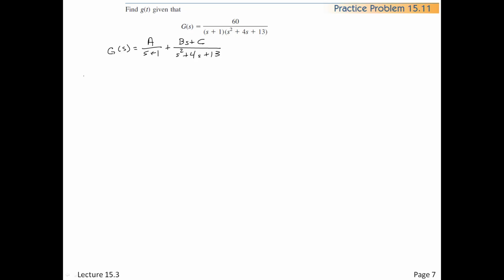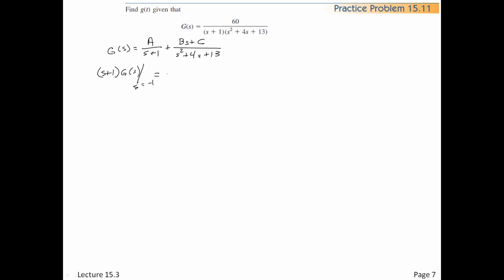First of all, let's get the A. This will only help us get (s plus 1) times G. As I hope you've seen, even if there are repeated poles and complex poles, you can go pick off the easy ones with this term elimination in the fractional expansion. So let's do this. We're going to do this at s equals minus 1.